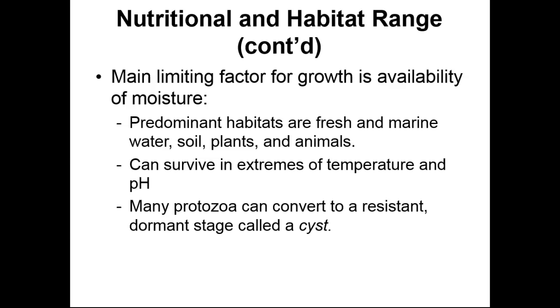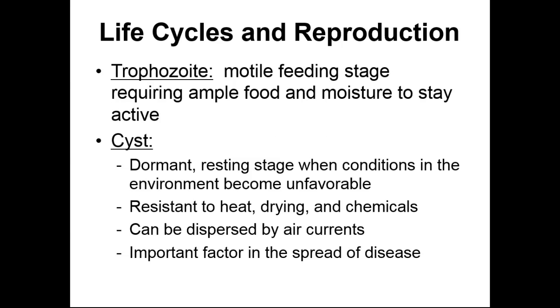The dormant stage of a bacteria is called a bacterial endospore. The dormant stage of a protozoa is called a cyst. Protozoa go through different stages of their life cycle. We call an actively moving and feeding protozoa a trophozoite, and we call a protozoa that's been put into long-term storage, so to speak, a cyst.